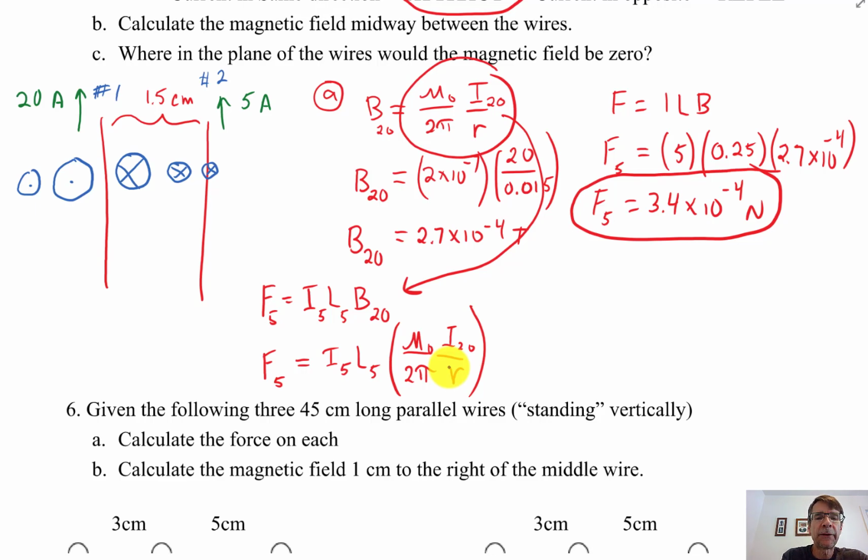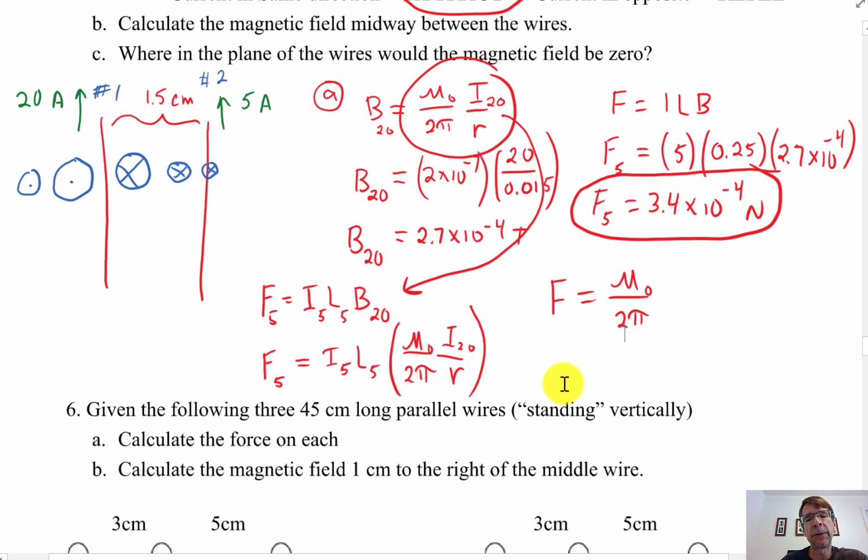Well, bottom line is the generalization. Instead of calling these 5 and 20, I should have stuck with 1 and 2. So if we make all the 5s a 2, and then the I20 is wire number 1, we get an equation that's going to be very useful: force between parallel wires, in general terms, rearranged. It's mu 0 over 2 pi, if I bring that factor out front, because all of these are multiplication.